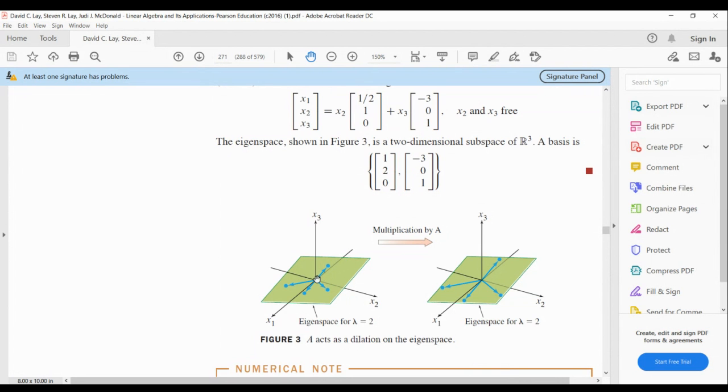So what happens to the vectors in the eigenspace after you multiply them by 2? Look at the right side. What happened to the eigenvectors? It looks like they've gotten longer, right? Well, I want to be careful. Multiplying A times the eigenvectors equals 2 times the eigenvectors.